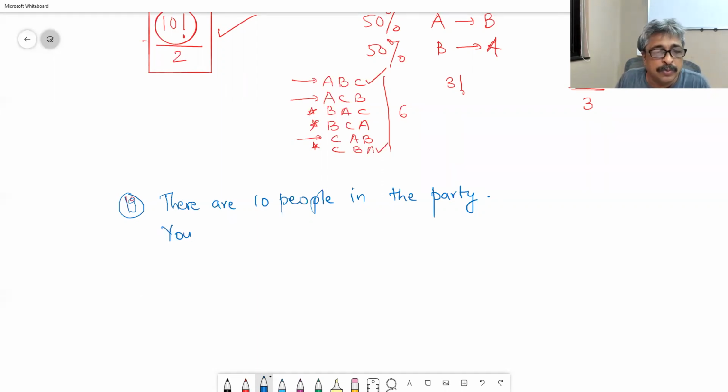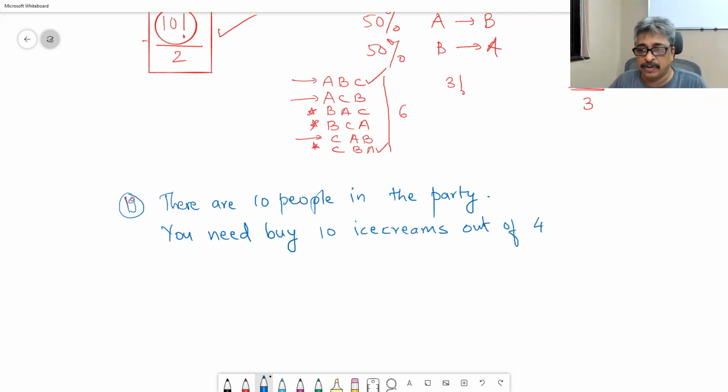You need to buy 10 ice creams out of 4 flavors.